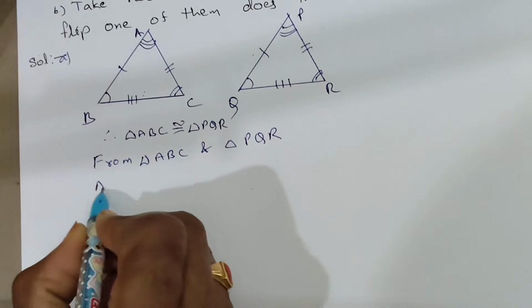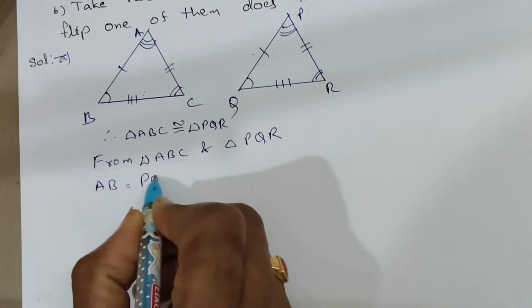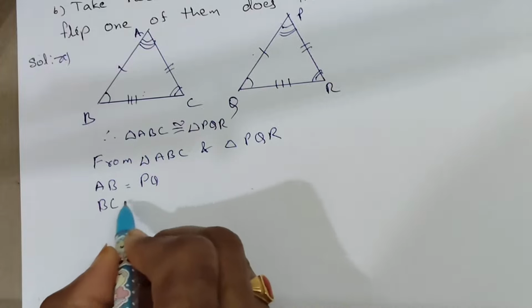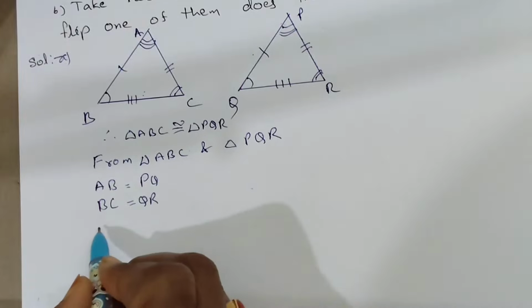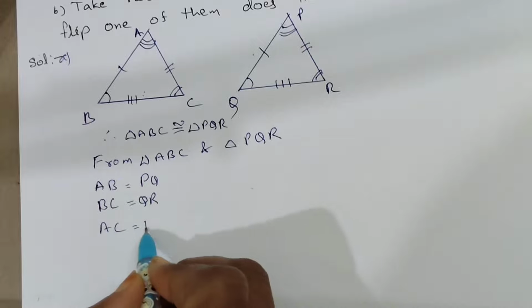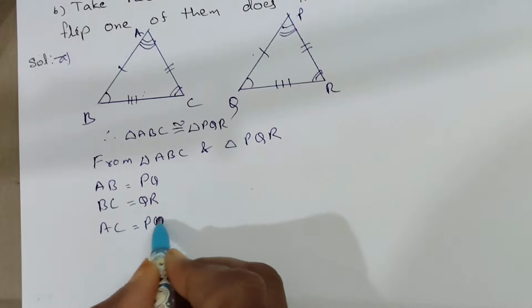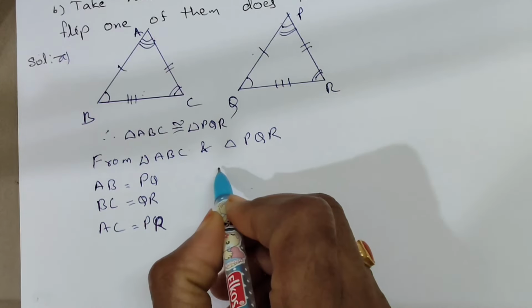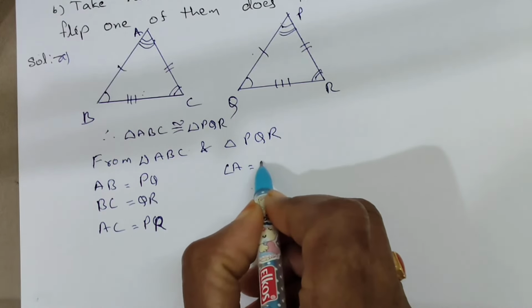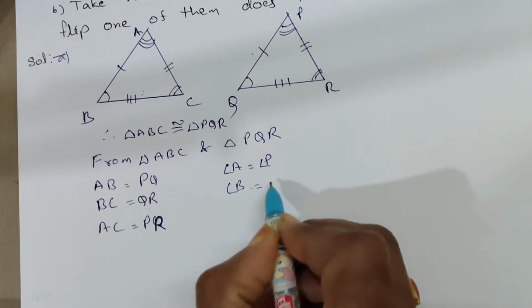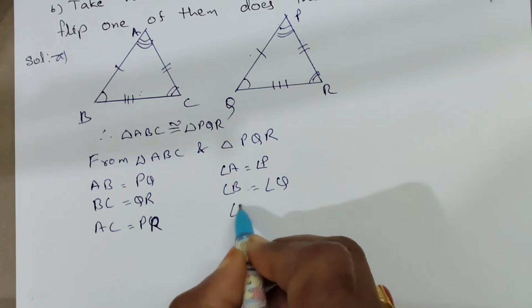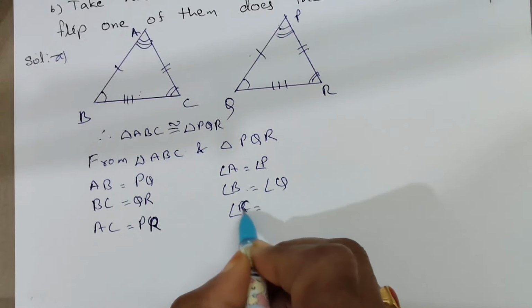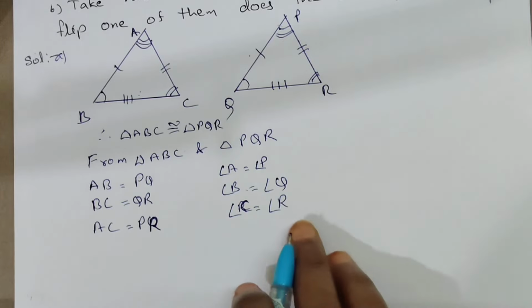Corresponding sides: AB equals PQ, next BC equals QR, AC equals PR. These three sides are equal. Now next we write the corresponding angles. Angle A equals angle P, angle B equals angle Q, angle C equals angle R.